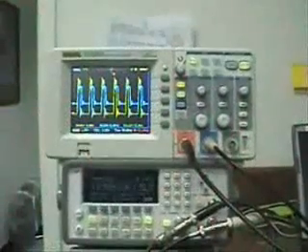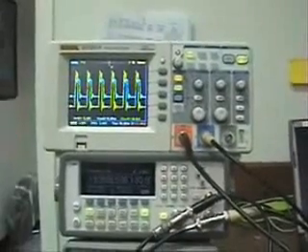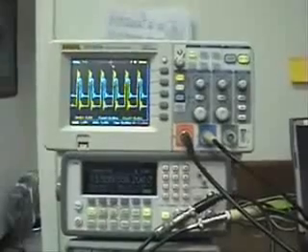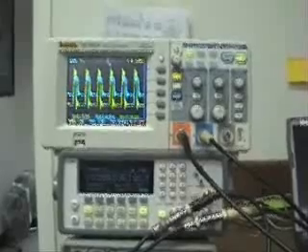Now we're showing 19 megahertz frequency being counted by the 1105 and displayed on the 1302 scope.